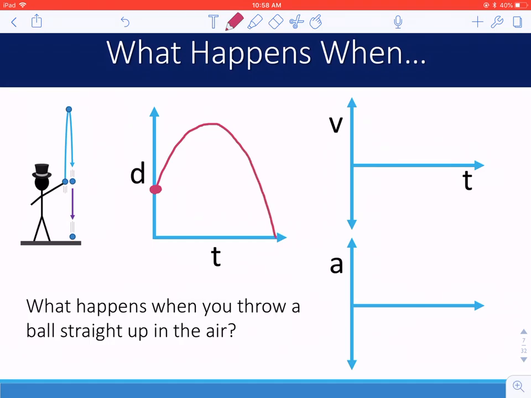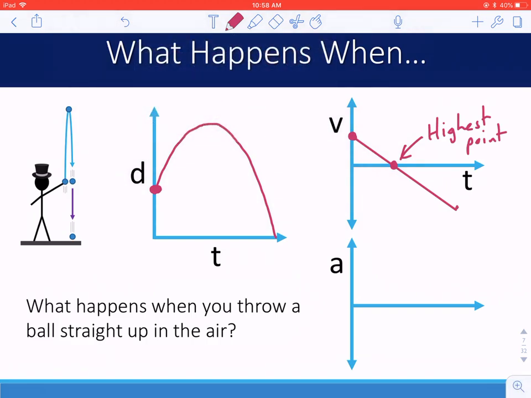My velocity starts with an initial velocity, and then there's a constant slope crossing the x-axis at the highest point.